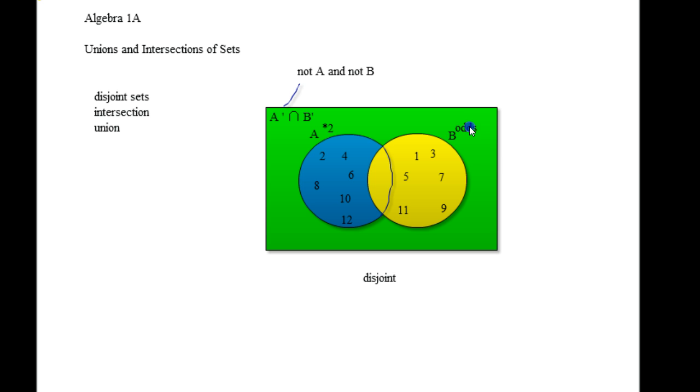Now if I were to change something, let's say this B set right here was the multiples of 3. Then we would no longer say disjoint because there's actually some things that are shared. In fact, 6 and 12 would both be a multiple of 3 and a multiple of 2.